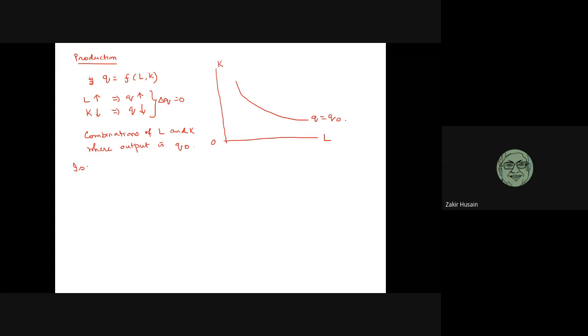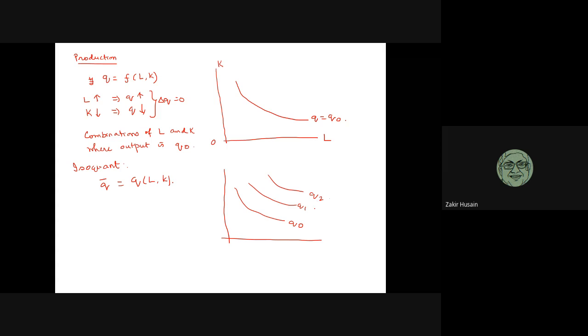This is called an isoquant. We write this as Q bar is equal to Q(L, K), or you can put F over here, whatever. And again, if you want to take higher levels of output, you can always do so. So this is for Q0, this is for Q1, this is for Q2. You have an isoquant map.